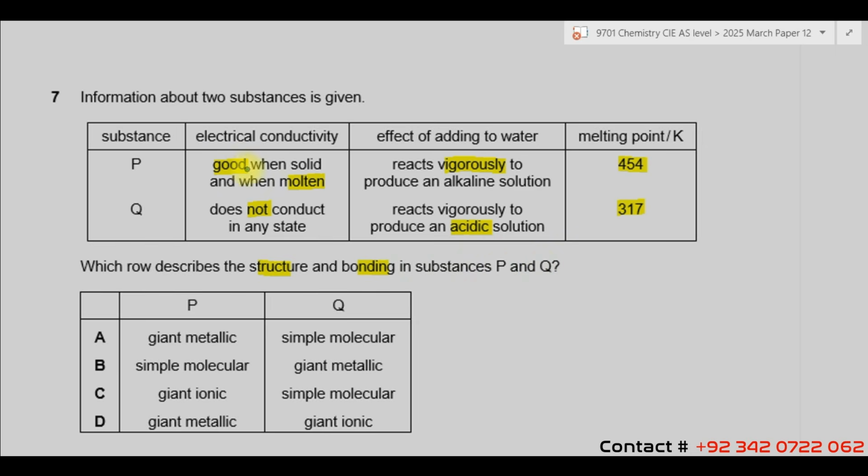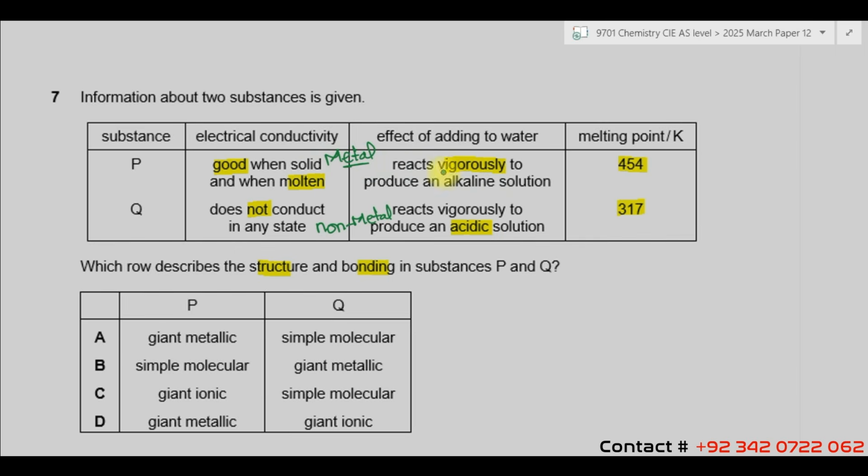So whenever a substance is good when solid and good when molten, it means it should be the metal. And it says Q does not conduct in any state, so non-metals are those substances that do not conduct in solid or liquid form. Then it says it reacts vigorously to produce alkaline solution.